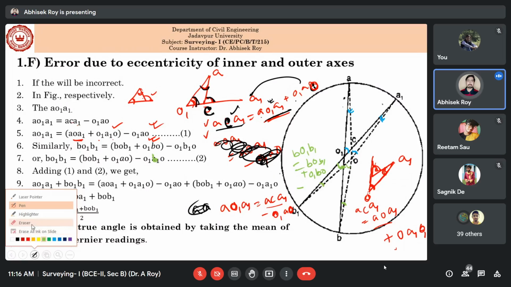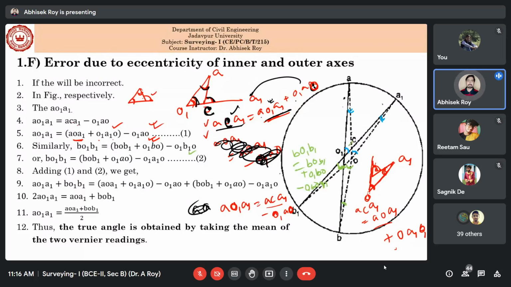This is the next equation. O1BO, this line we are looking at, minus O1B1O, or this angle we have to deduct. So to measure this angle, this will be this one plus this one minus this one.